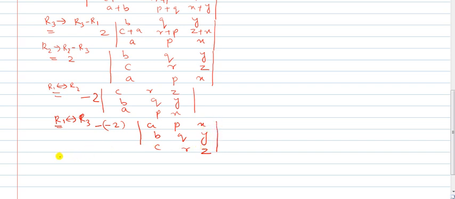So minus minus it will become plus, and I am getting the requisite result. This is A, P, X, this is B, Q, Y and C, R and Z, and the value is equal to RHS. Here I am proving this one.